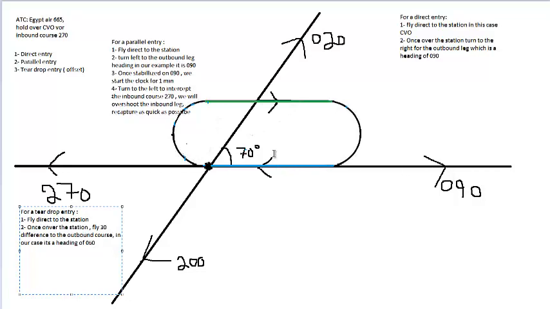We fly heading of 060 for 1 minute, and we start counting the clock once we're over the station, not once we stabilize. Once we're over the station, for 1 minute.